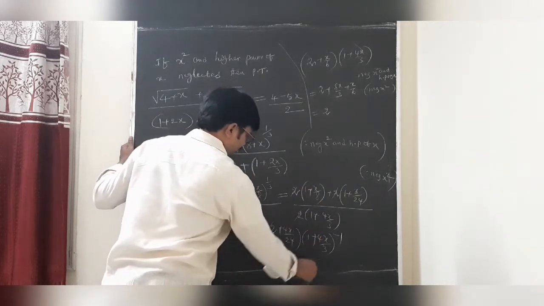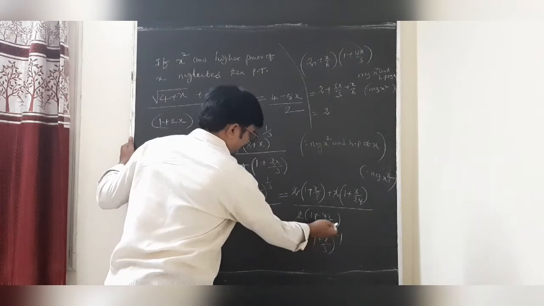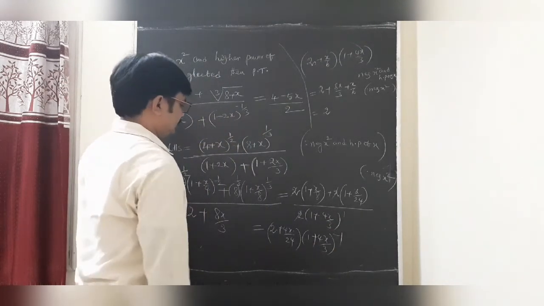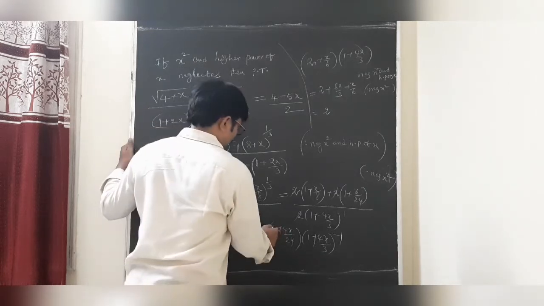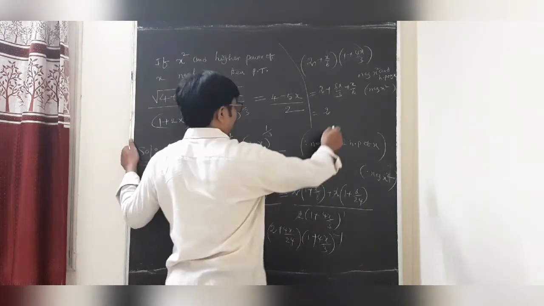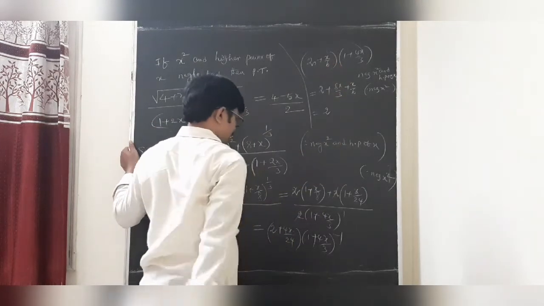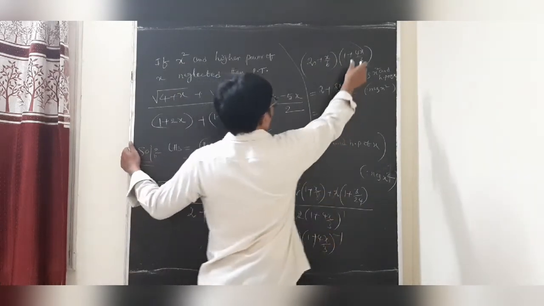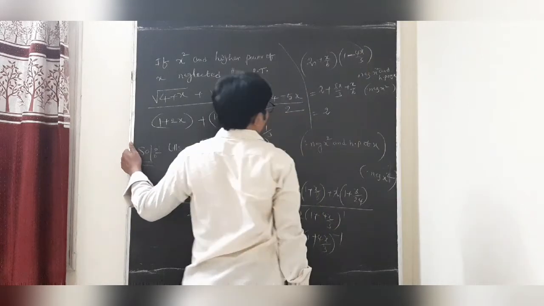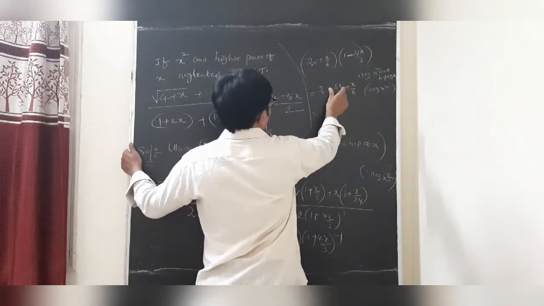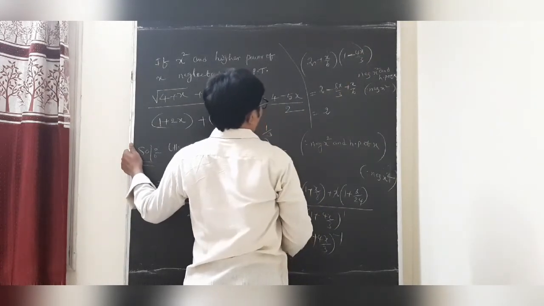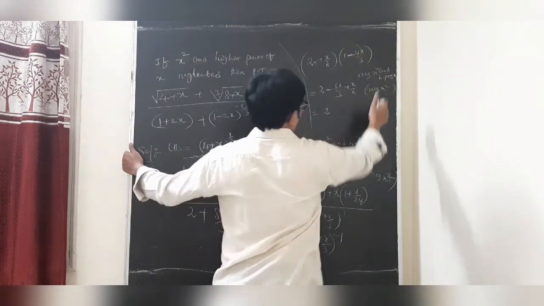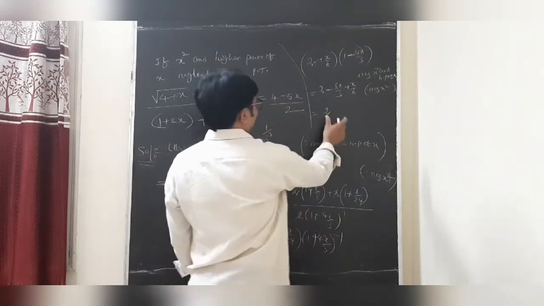This is 1 plus 4x whole power minus 1. Dear students, this is 2 plus x by 6. After then 1 nx minus of nx. So students, 2 1 jar 2, this is minus. After then students, we can observe this is x by 6, x into x square, then neglecting x square.